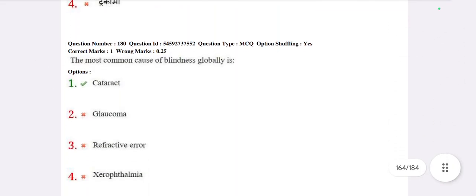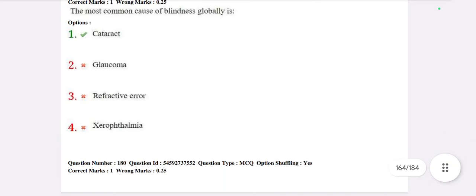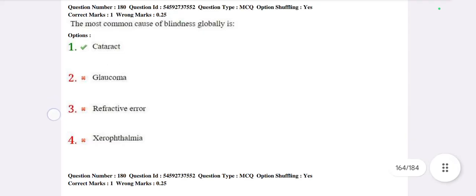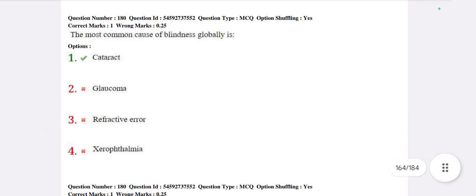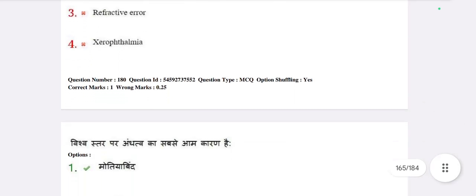Our next question is, the most common cause of blindness globally is: first cataract, second glaucoma, third refractive error, fourth xerophthalmia. Correct answer is cataract.